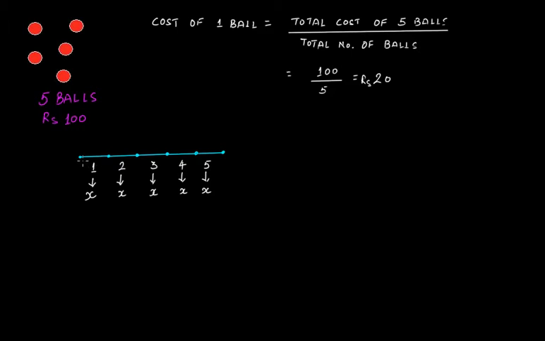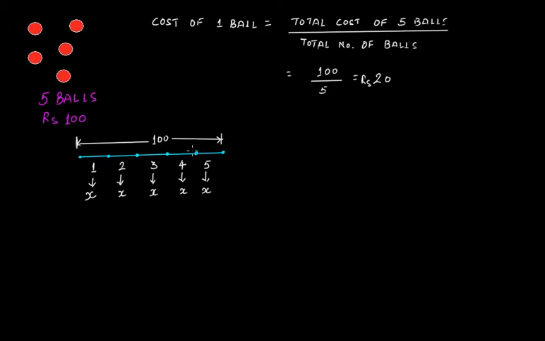So the price of the first ball is X, second ball X, so X plus X plus X plus X plus X. What is this total amount? If we add the costs of these 5 balls, you will see that it is actually 100, because this information has been given to us.